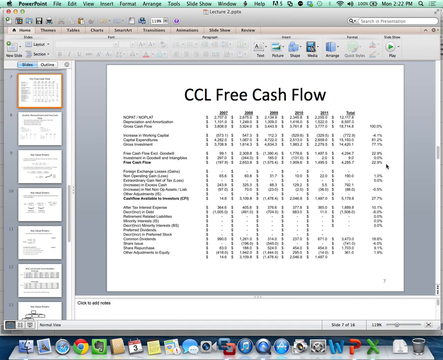So right off the bat, what's different about Royal Caribbean and Carnival? What can we see just by looking at history financially? Yeah, Carnival's got a different view of growth. So distinguish the two. What is Carnival really doing?